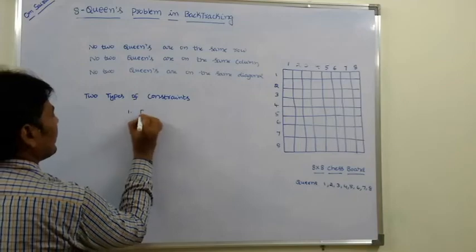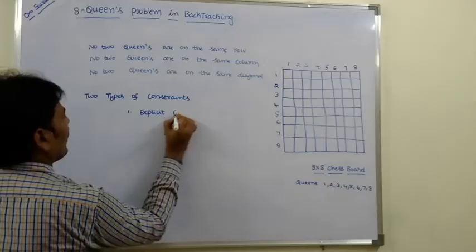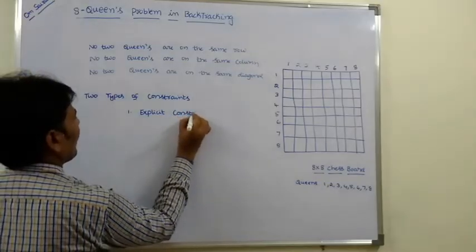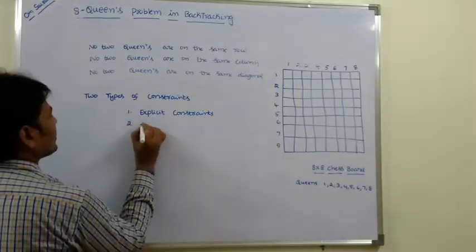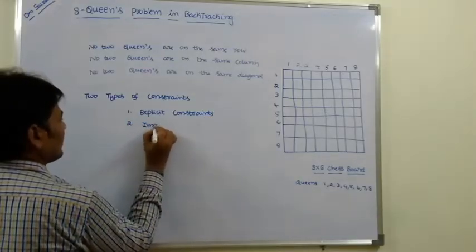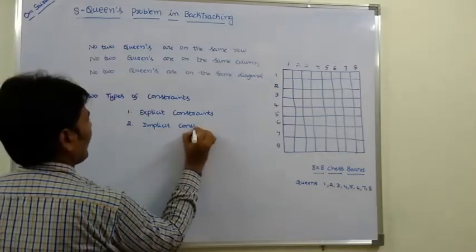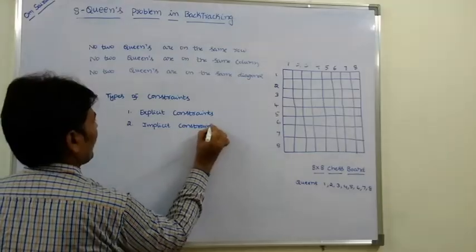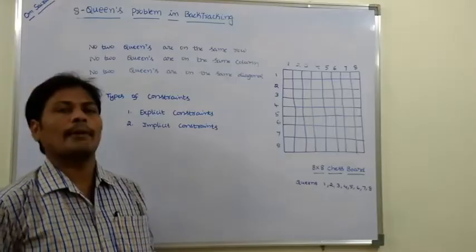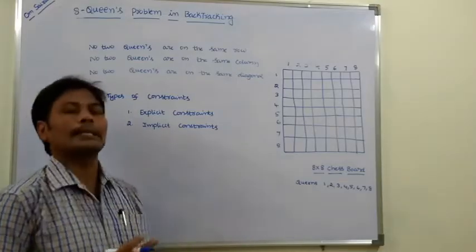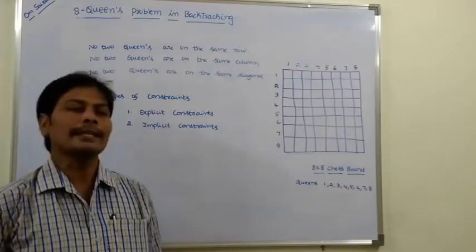One is explicit constraints and the second one is implicit constraints. Explicit constraints are the rules which restrict each xi to take on values from a given set.